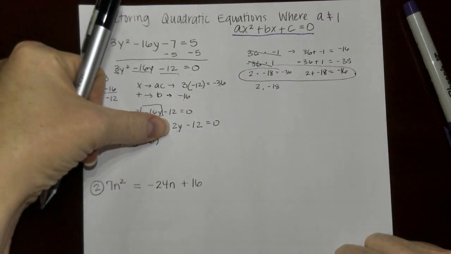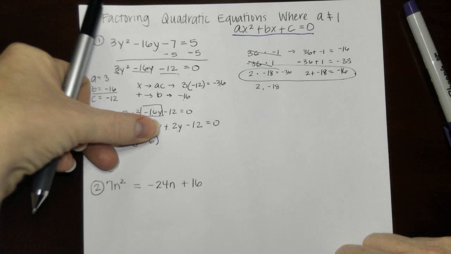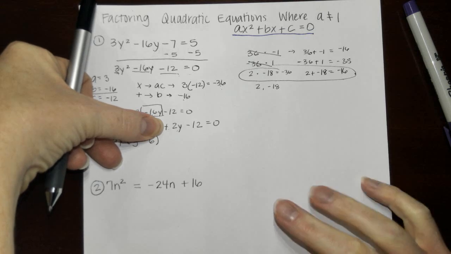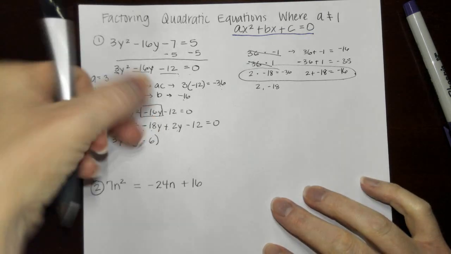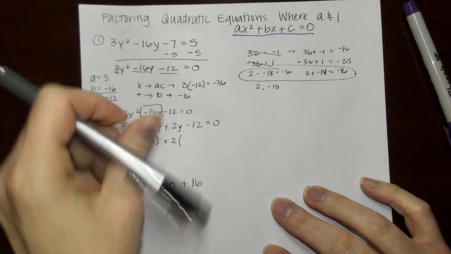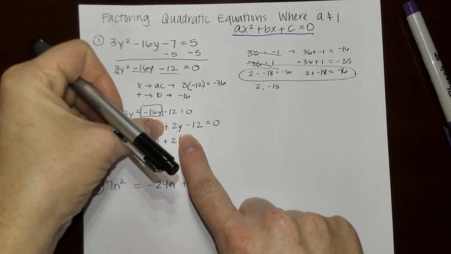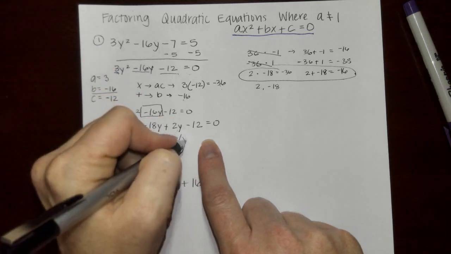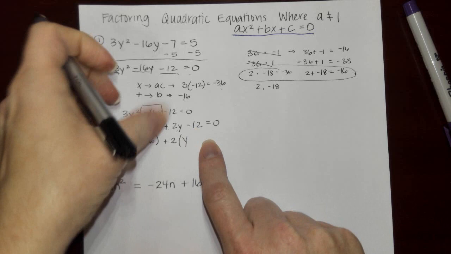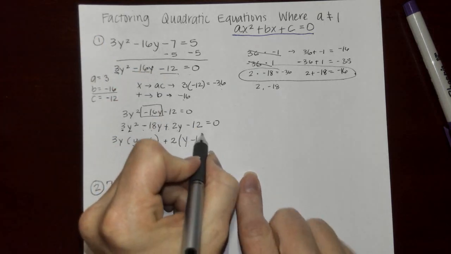Now, I look at the other part. A positive 2y minus 12. And I say, what can I pull out of both of those? Hopefully you would say a 2. So I'm going to pull out a positive 2. If I pull a positive 2 out of 2y, I'm left with y. And if I pull a positive 2 out of negative 12, that would be a negative 6.